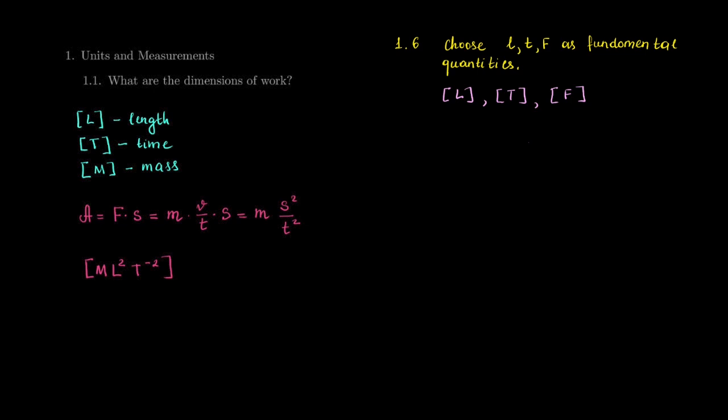So let's start with Newton's second law, and according to that, f is equal to m multiplied by a. A is the acceleration of the particle, which is equal to v divided by t, or L divided by t square, right?